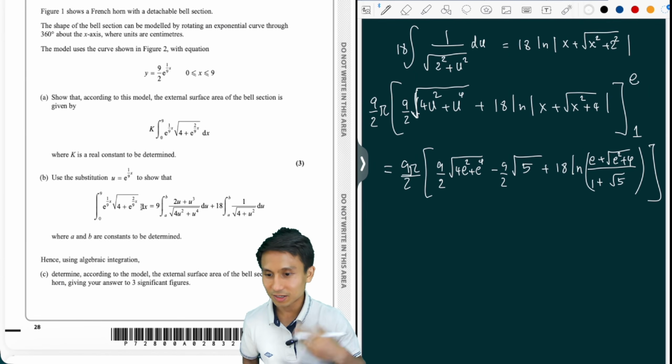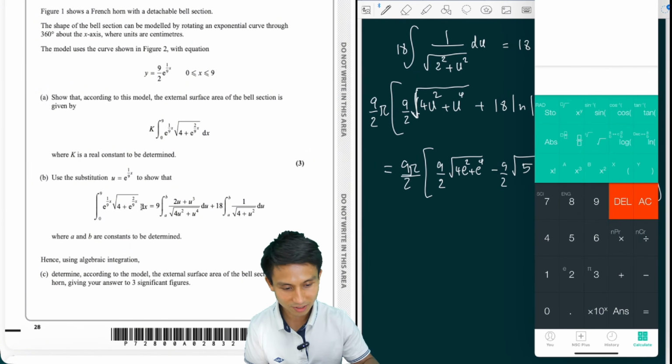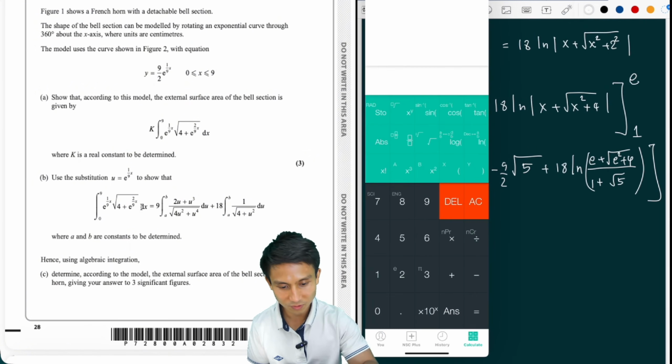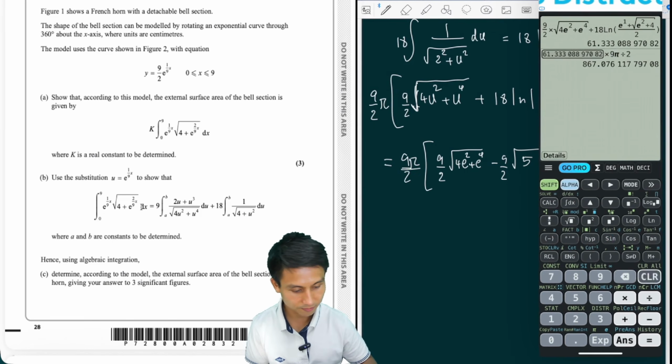And because they want 3 significant figures, that means we can use a calculator. Just going to use this one here instead. Okay, here we go.